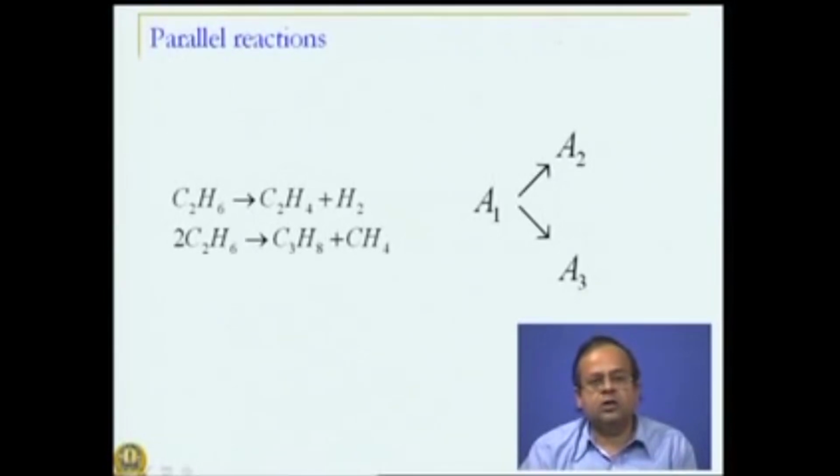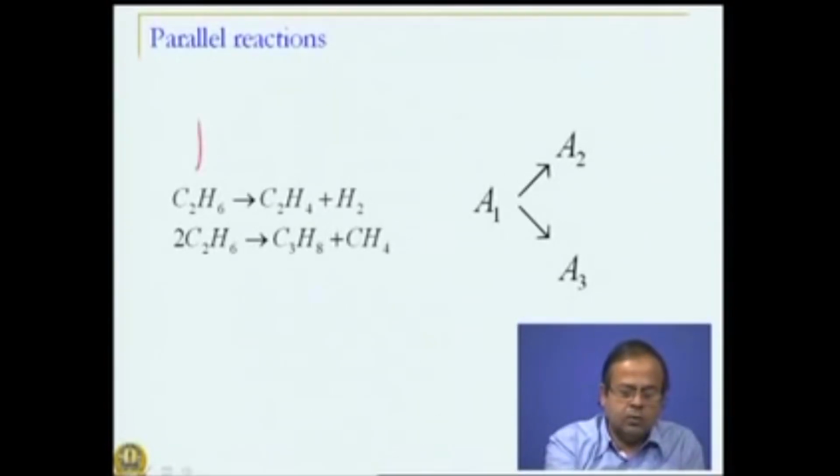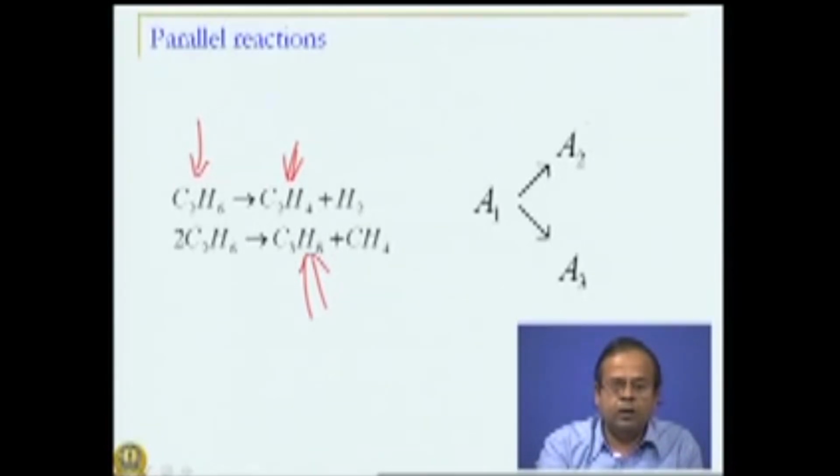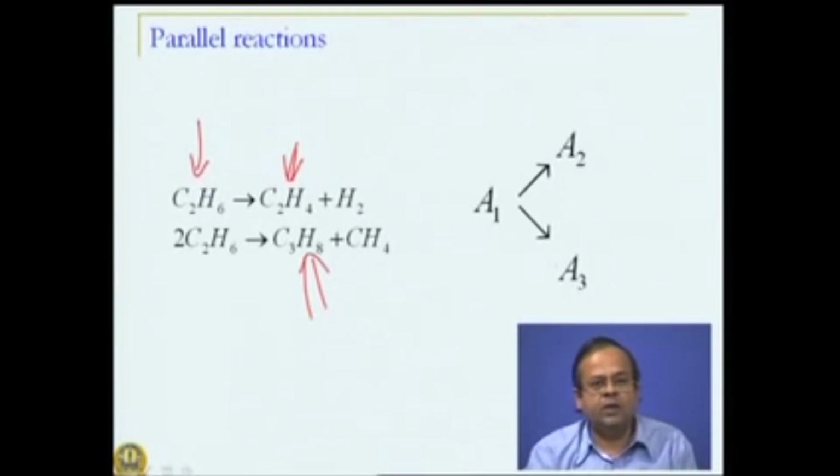And first is an example of what we call parallel reactions. So, here is ethane either going to ethylene or to propane. So, A1, ethane, going to either A2, ethylene, or A3, propane. So, these two reactions are going on in parallel, hence the name parallel reaction.